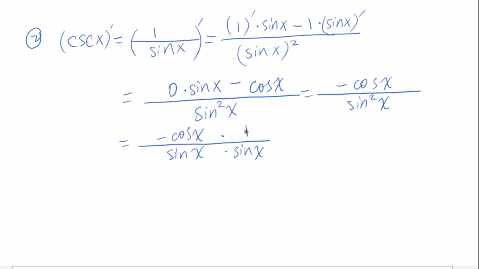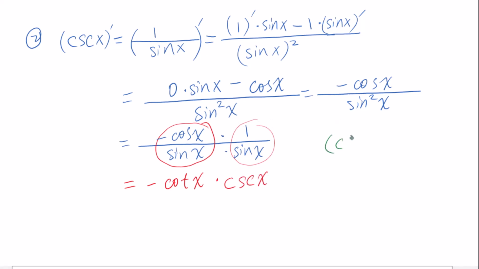Negative cosine x over sin x times 1 over sin x. Negative cosine x over sin x is a negative cotangent x, and 1 over sin x is a cosecant x.